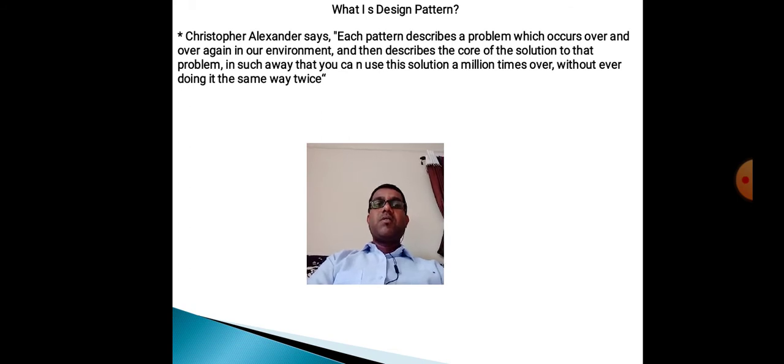It means whenever a problem occurs again and again in the environment, once we find or describe the core solution of that problem in such a way, we can use that solution a million times over without ever doing it the same way twice.